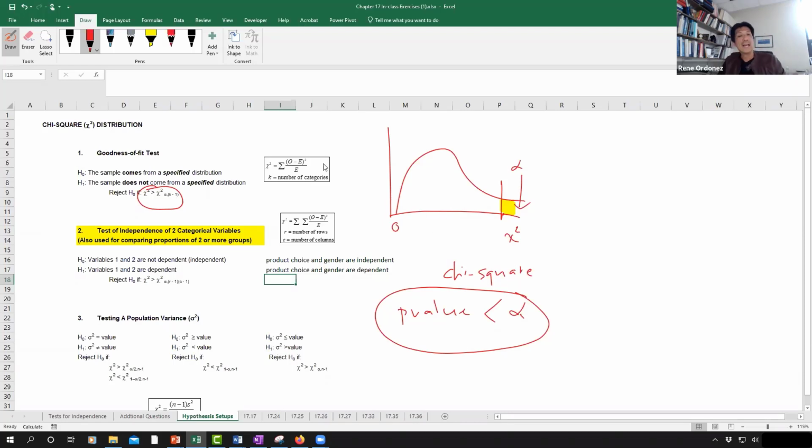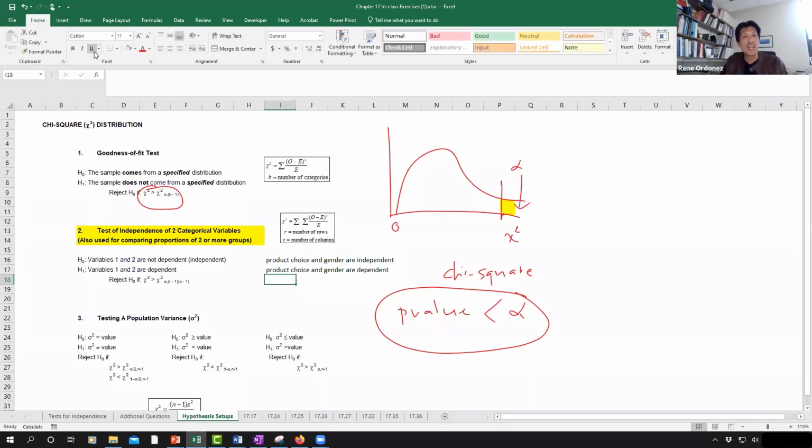All right. Now, one of the most common uses of the chi-square distribution is what is known as the goodness of fit test. Now, what is a goodness of fit test?